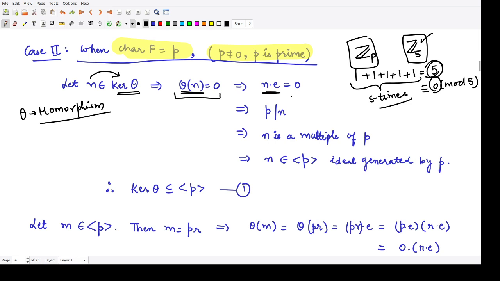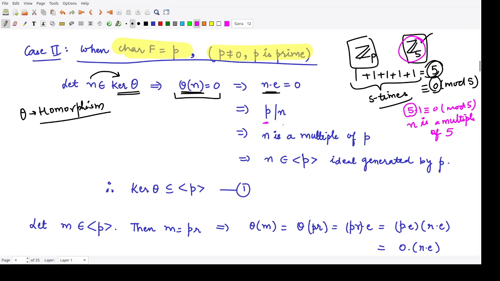So in this particular example we can write 5 times 1 is equal to 0 mod 5. So that means this number n is a multiple of this prime number P, or 5 in this particular case, right?